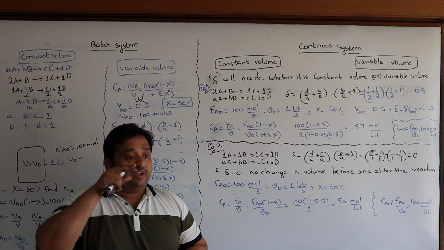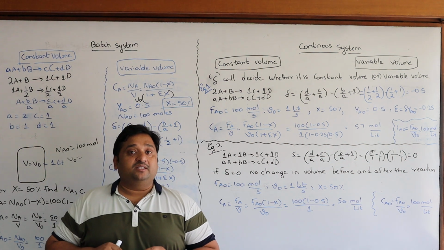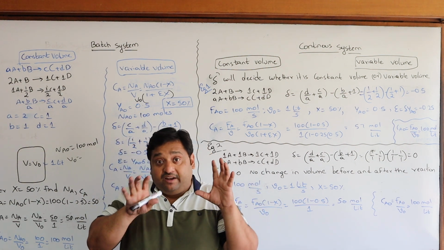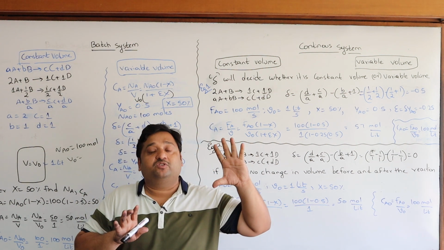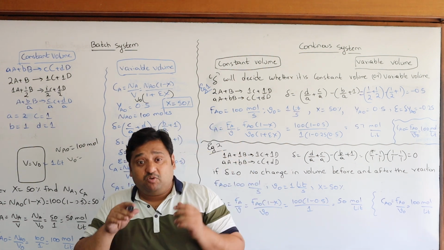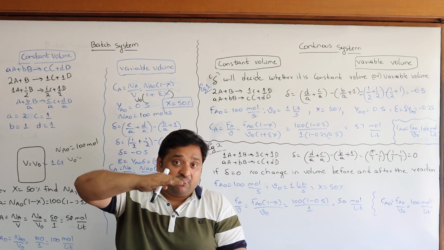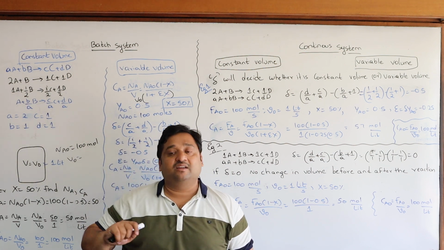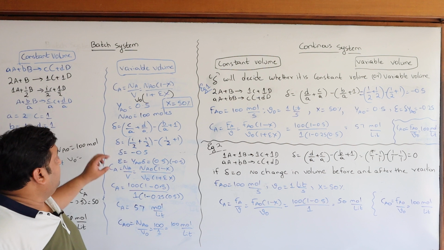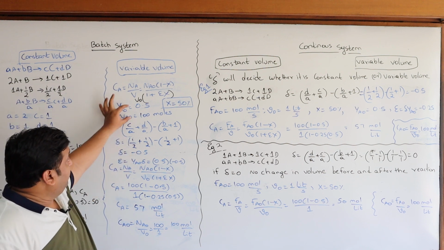This is where we have to stop and discuss. When delta is negative, it means final moles are less than the initial moles. If final moles are smaller than initial moles, the volume will get reduced after the reaction.